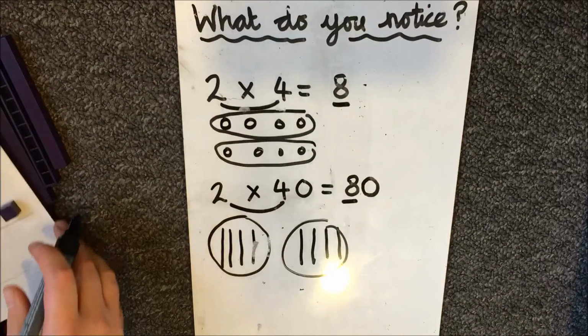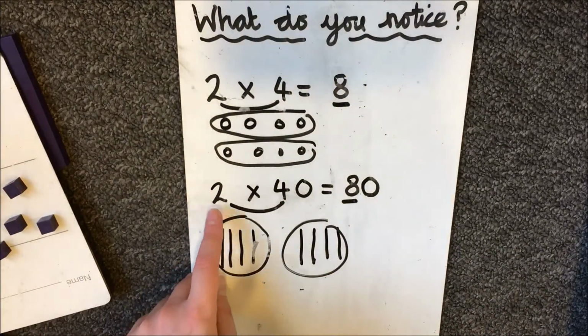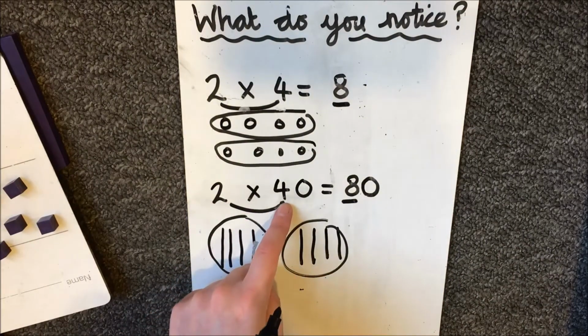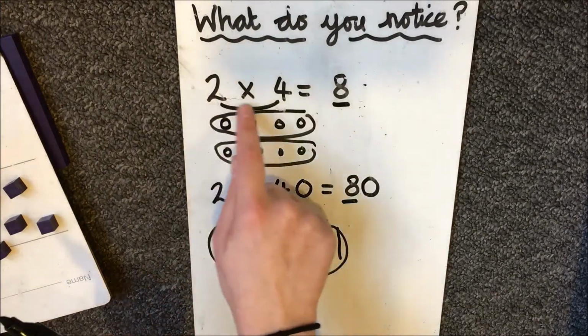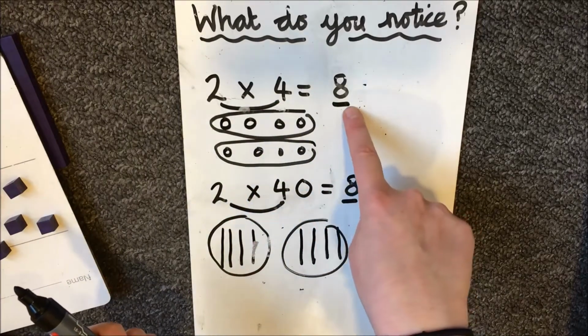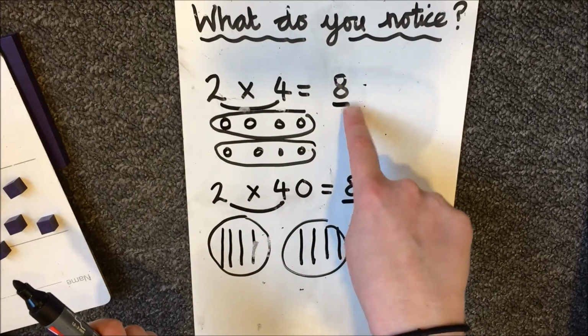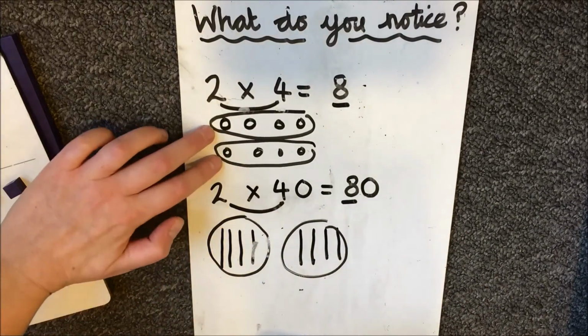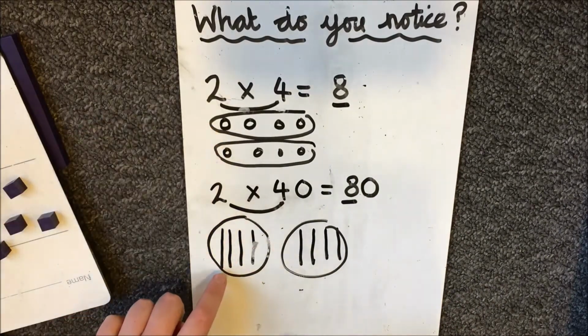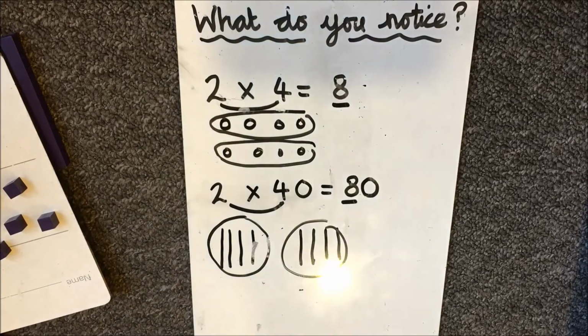Do you see how we can use that? If we know 2 times 4, we then know 2 times 40 because we can make it 10 times bigger. 2 times 4 is the same as 8, and then we just times it by 10 to get to 80. And you can see that here. 2 times 4, it's got 10 times bigger, and that's why we've got 4 tens in each group.